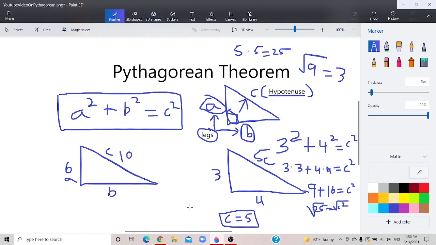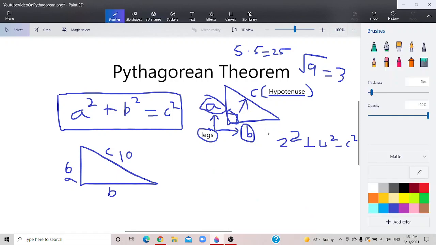How are we going to do this? Well, what we can do is I'll first erase some of this so we have a fresh, clean area. Okay, so A squared plus B squared equals C squared. So A squared is 6 squared, plus B squared.